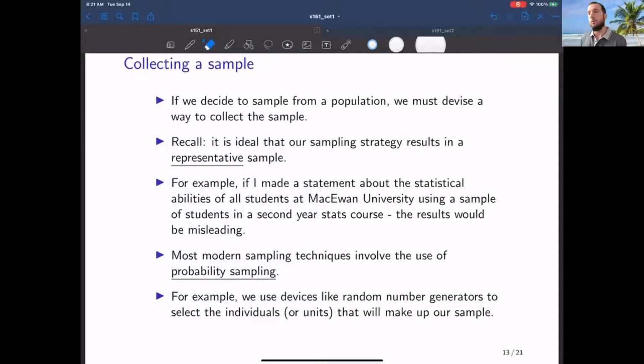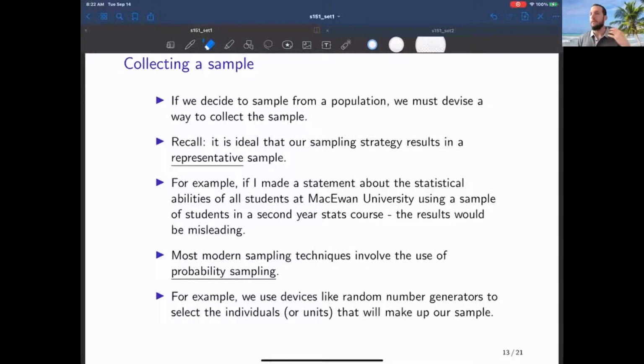So in order to try and collect a representative sample, so a sample that reflects the characteristics of this larger population, we typically use what we can refer to broadly as probability sampling.